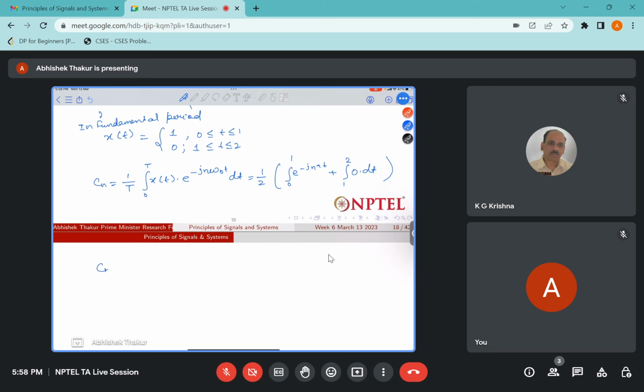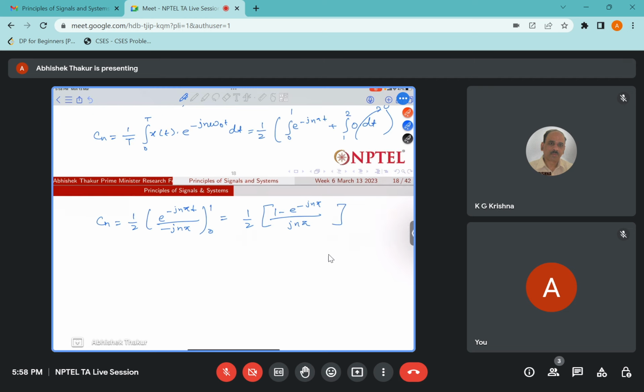After that, Cn is equal to the integration; this term will be 0, and for the other term it will be e to the power minus j n pi t by minus j n pi, from 0 to 1. So we'll get half times 1 minus e to the power of minus j n pi, divided by j n pi.